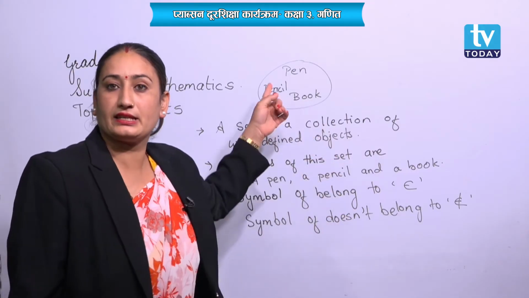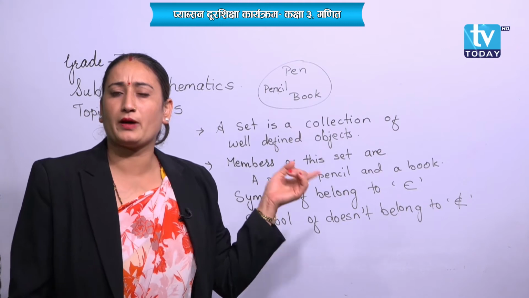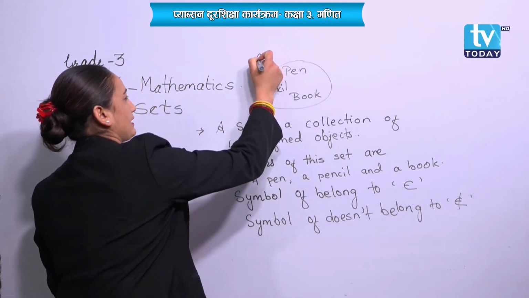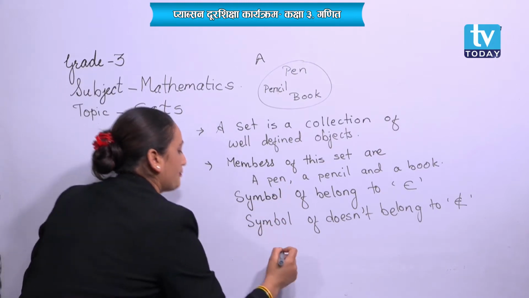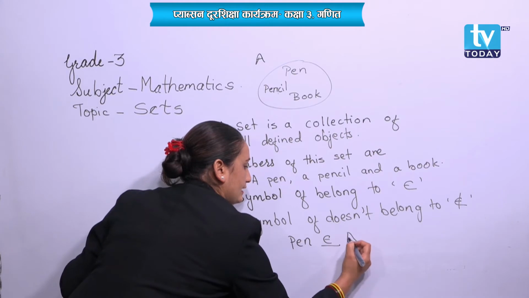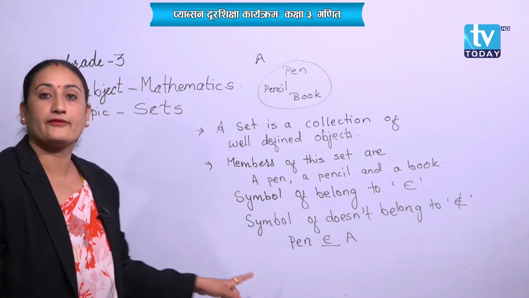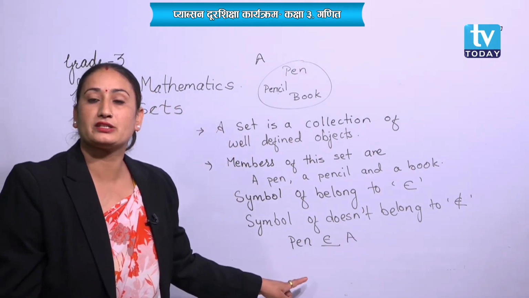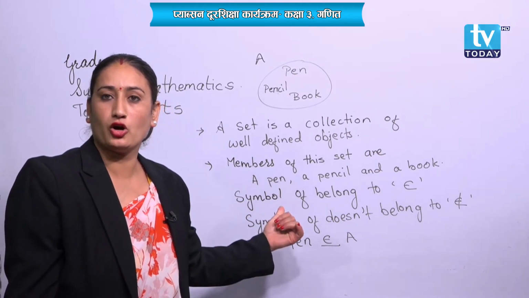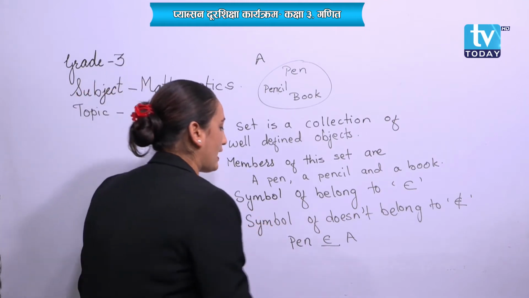Now, does a pen belong to that group or not? Obviously, we can give the set a name, A. So, we can write pen belongs to set A. And I have already given you another example, that is what? Apple. Does apple belong to that group? No. So, how to write?